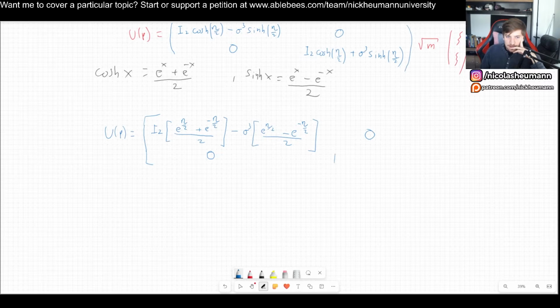So this would be I2 factor of hyperbolic cosine, so that would be the same thing we had up there. So e to the eta over 2 plus e to the minus eta over 2 divided by 2 plus sigma 3, sorry.